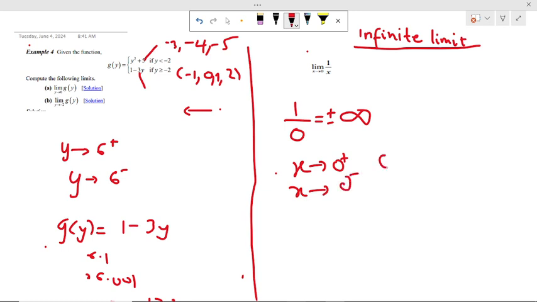So approaching 0 from the right hand side, I'll use 0.1, 0.001, right? Then 0.01. Then from the negative, the left hand side, I use the negative of what I've done up there, so negative of the same thing.